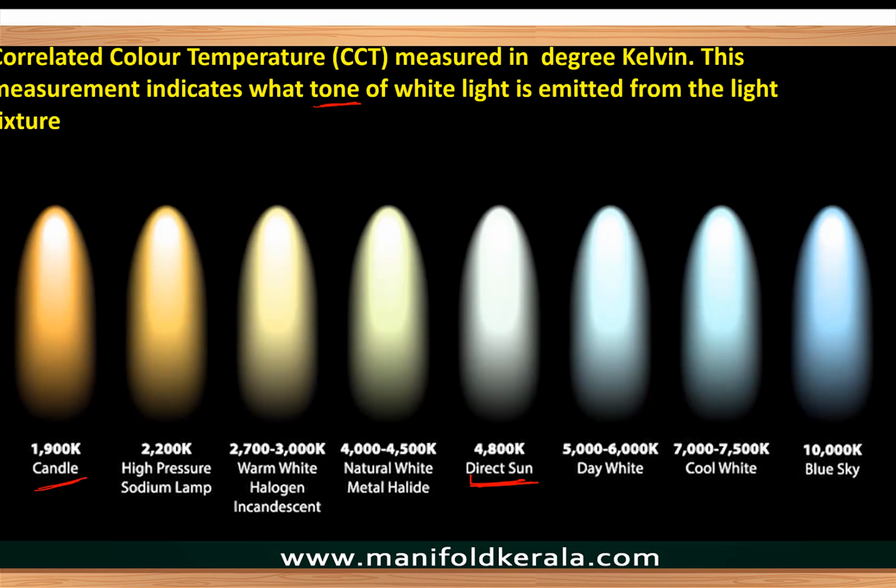If the CCT value further increases, the light will turn from white to a slight bluish color. You can see the blue sky has a CCT value of 10,000 degrees Kelvin. Understand? So what tone of white color is given by a particular luminaire light fixture is given by the parameter called CCT.